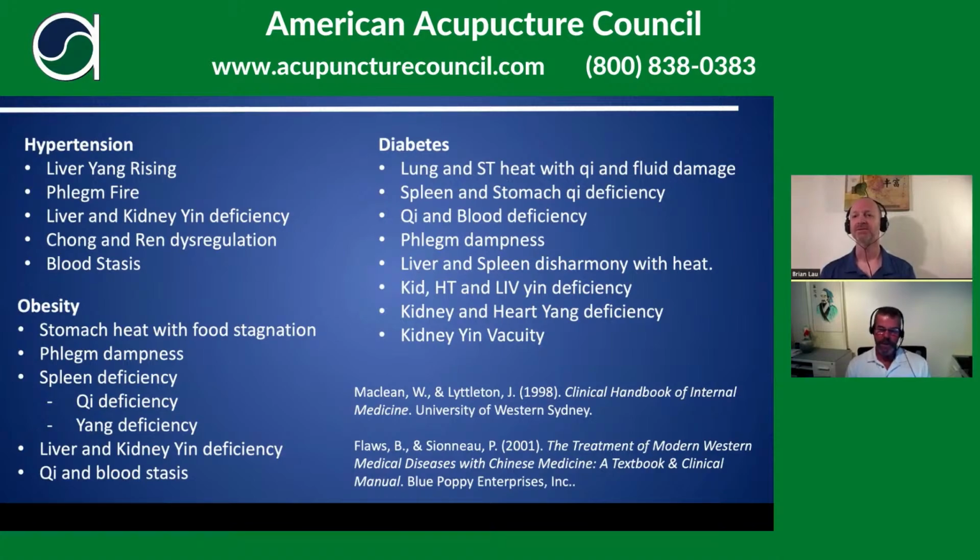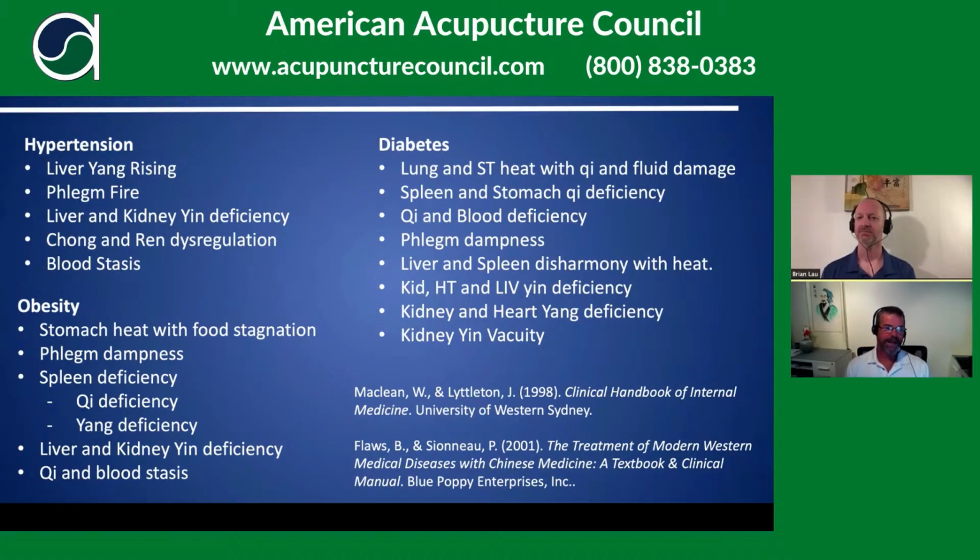So what we did is we looked at two different references, the Clinical Handbook of Internal Medicine by McLean and also the Treatment of Modern Western Medical Diseases with Chinese Medicine by Flaws and Philippe Sionneau. We just jotted these down here. You can see in the bulleted points. Hypertension, yes, liver yang rising. You've got phlegm fire. Well, the spleen and the kidney are going to be associated with phlegm. Liver and kidney yin deficiency, absolutely, you'll see that also with hypertension.